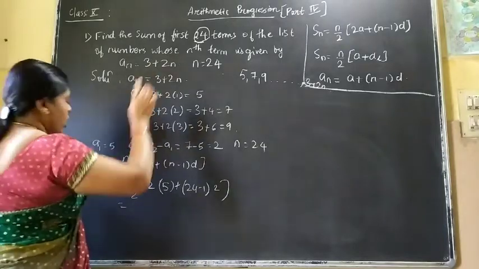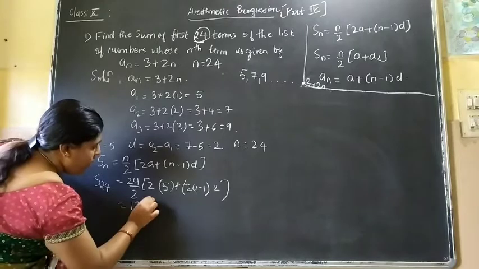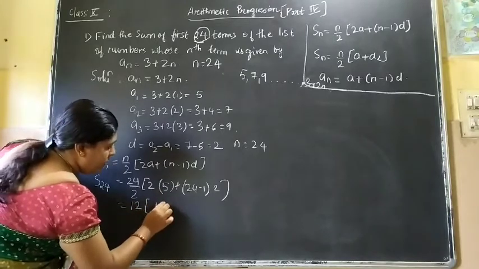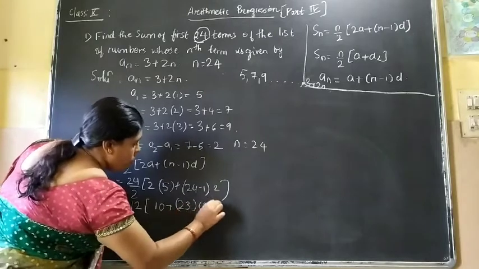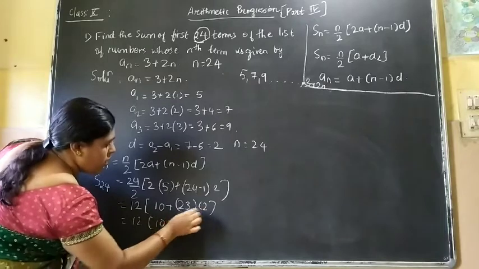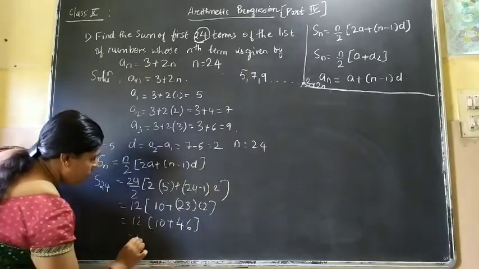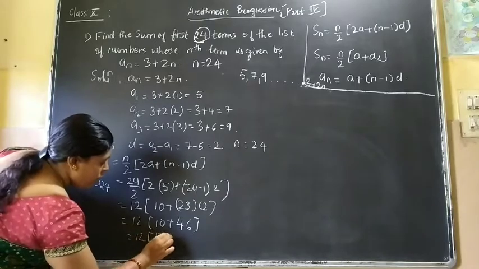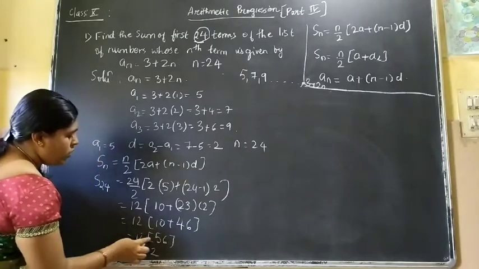So this is S24, the sum of first 24 terms. So 24 by 2 is 12. 2 into 5 is 10. 23 into 2, it is nothing but 46. So this will be equal to 12 into (10 plus 46), which is 12 into 56.